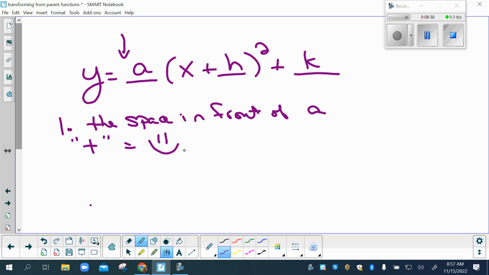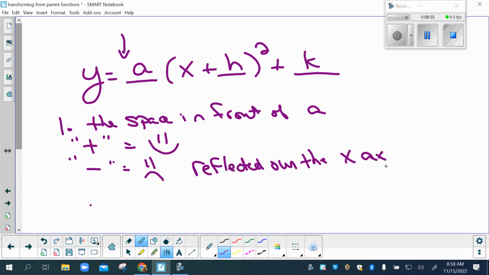It's going up. But if the space in front of A has a negative sign, it's a sad graph. And I'm going to give you the math term for a sad graph. We call that being, you're going to write this down, reflected over the x-axis, right?